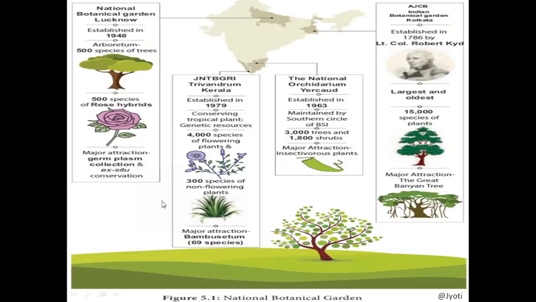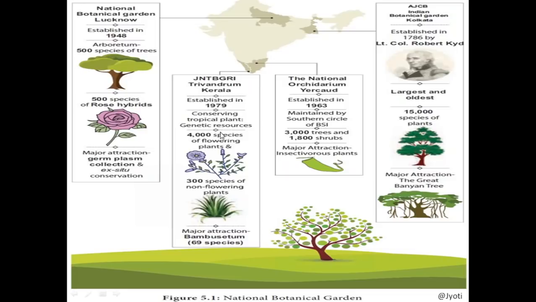Then come to JNTBGRI, that is Thiruvananthapuram, Kerala. It was established in 1979, and what is its importance? It conserves tropical plants, and especially the genetic resources.